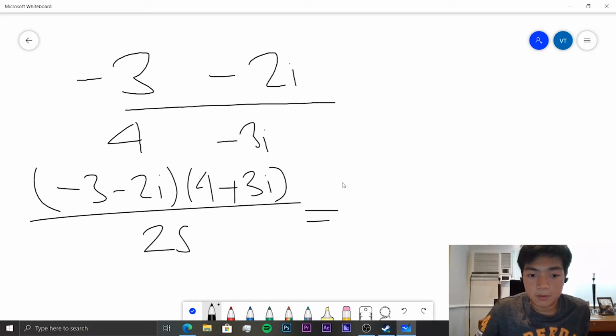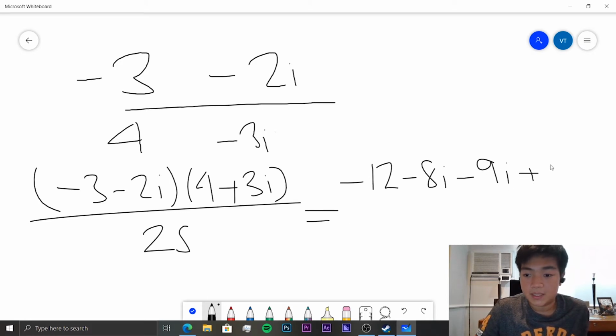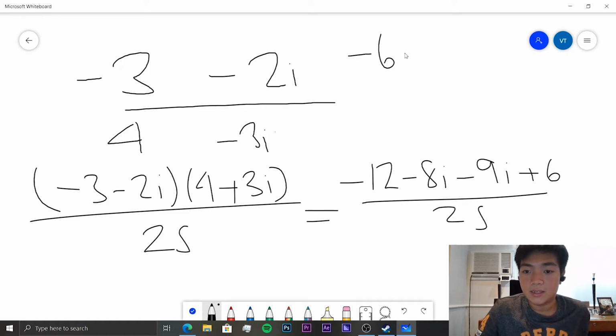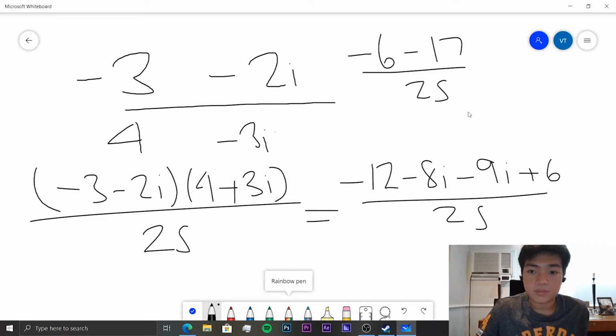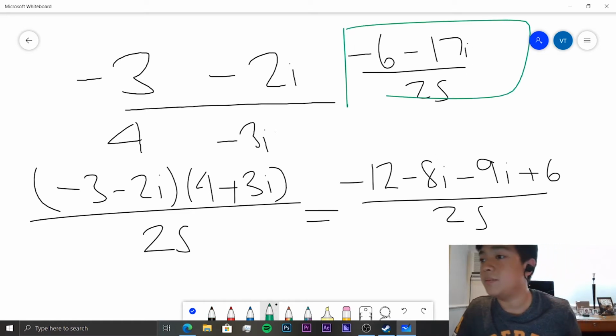So this is equal to negative 12 plus 9i minus 8i plus 6, and all over 25, so this is equal to negative 6 minus 17i over 25. And yeah, that should be the answer.